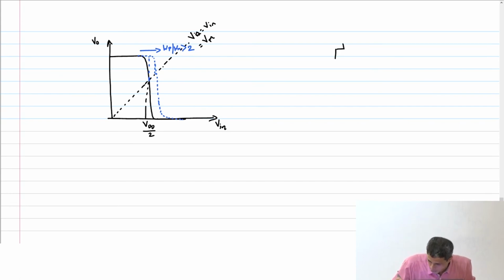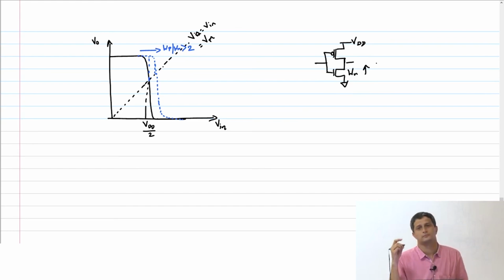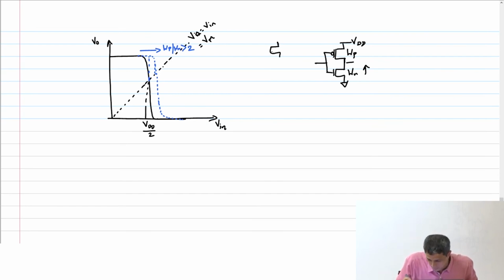Okay, let's do this very clearly, so that maybe some of you who didn't follow my argument can follow. VDD. Now my WN has gone up. Earlier my reference device was Wp by Wn equal to 2. Okay, this was my reference device.